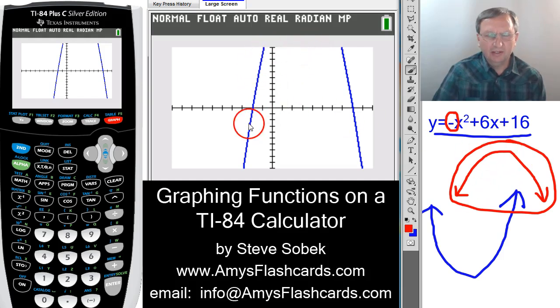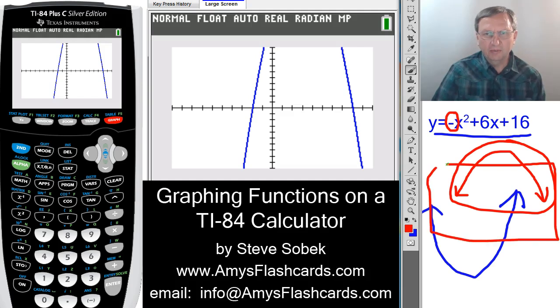So what we see here in a viewing window is part of the parabola. Okay, we have a viewing window that looks something like this. And we're just not seeing the top of the mountain, so to speak. All right, so again, we have used our understanding of quadratic functions to help us quickly select a better viewing window.